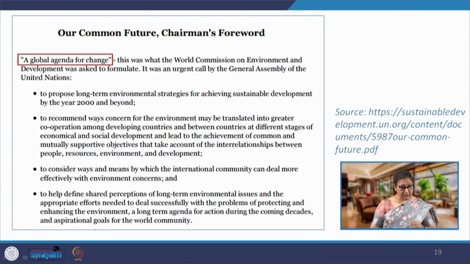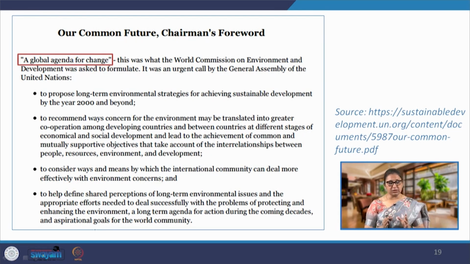So the key point that was asked of this committee to formulate was a global agenda for change. The United Nations, which represents the world at large, set up the World Commission on Environment and Development, WCED.